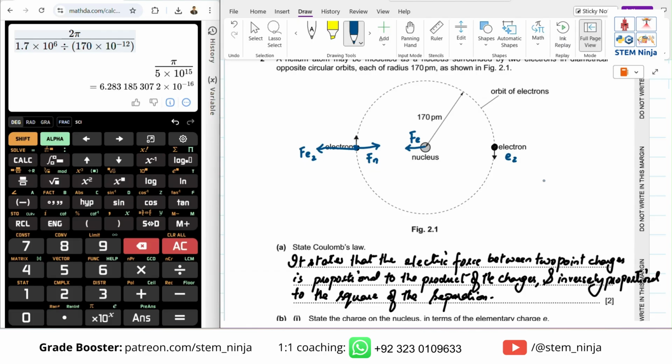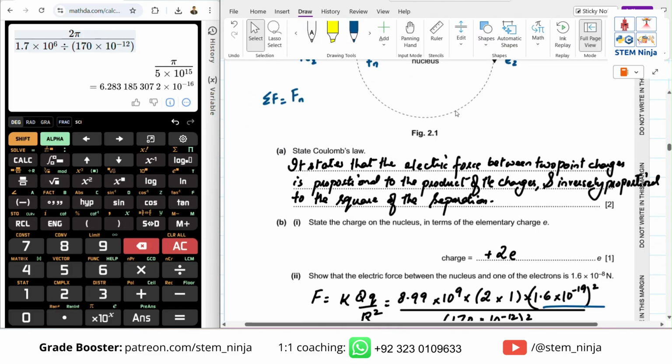Now, normally, what we are expecting over here, the sum of forces is the force due to the nucleus, which is kq over r squared, which we figured out multiple different ways over here.